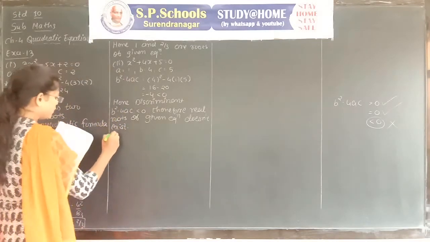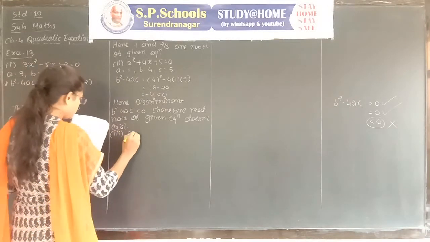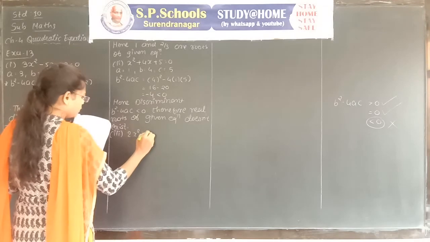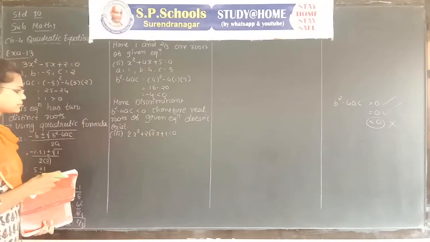The next, third one, is the given equation 2x square plus 2 root 2x plus 1 is equal to 0.